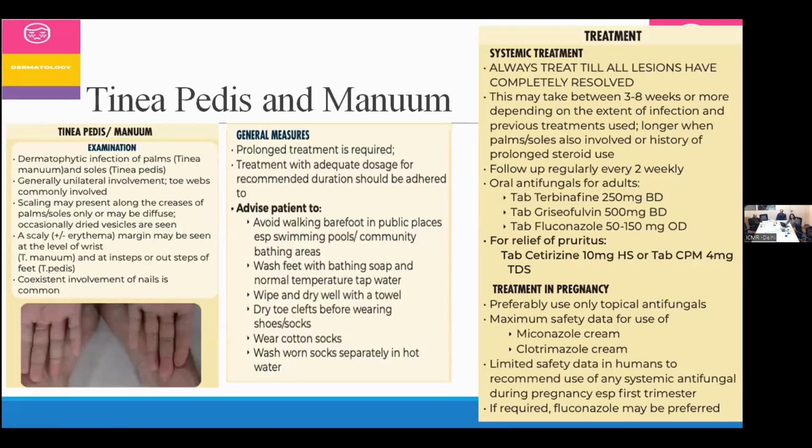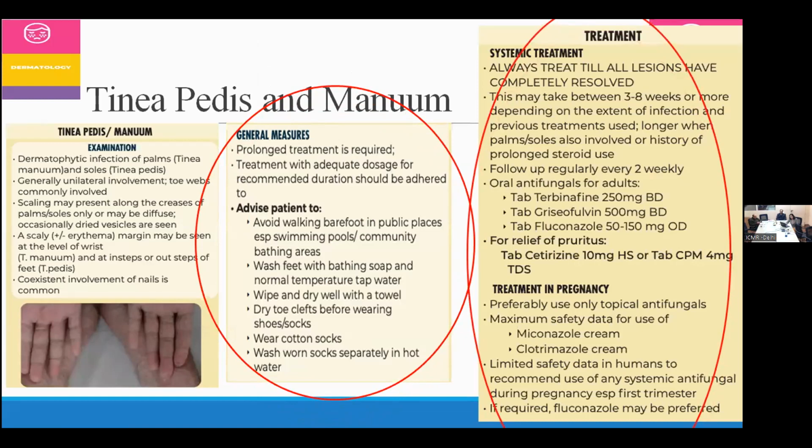We have also provided pediatric infection, tinea pedis and manuum. Similarly, we provided the general measures, how to ensure that you do not have recurrent and persistent lesions. We've given the oral therapy, the options with the doses, and what to do in case of pregnancy.